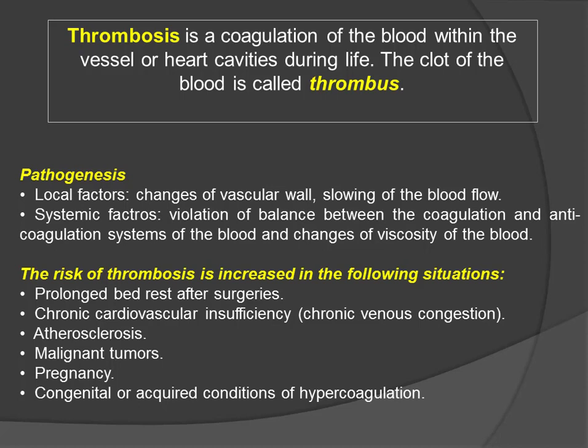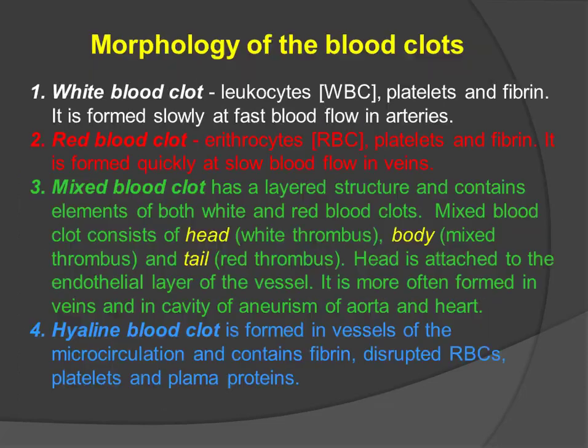Next, slowing of the blood flow and turbulent blood flow. And last, increased coagulation of the blood due to changes in physical and chemical properties of the blood. It's a significant factor for venous thrombosis.